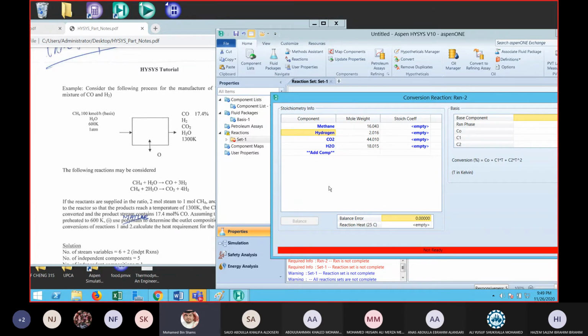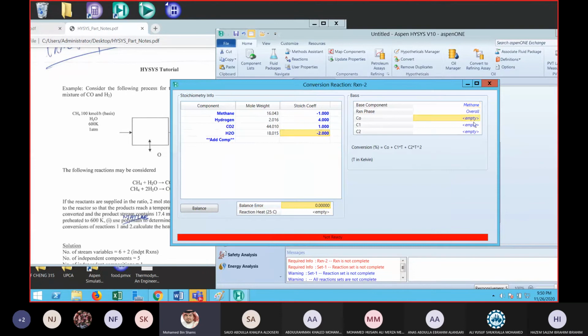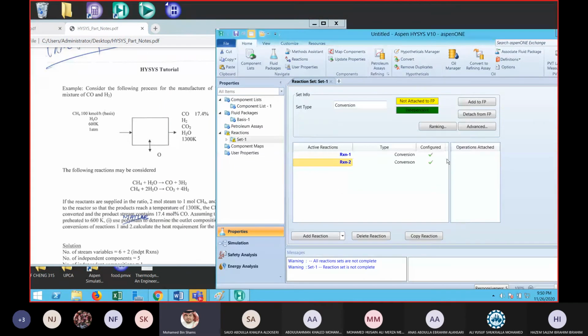Don't change them. So I have methane minus 1, water minus 2, hydrogen 4, and carbon dioxide 1. Okay, so that's 0. And the conversion of methane here, since I put 40, I'll put 60% here. But I don't know whether these are correct or not.